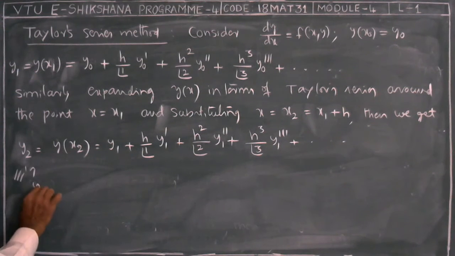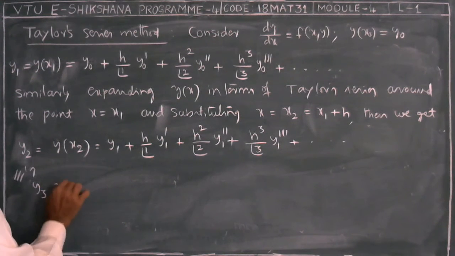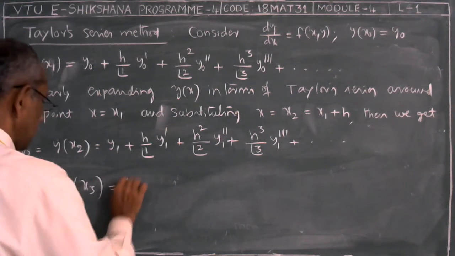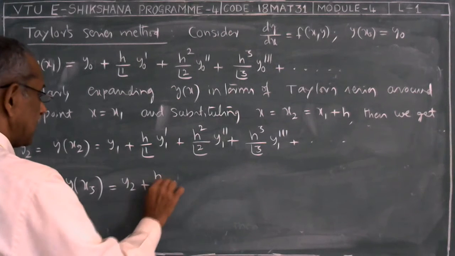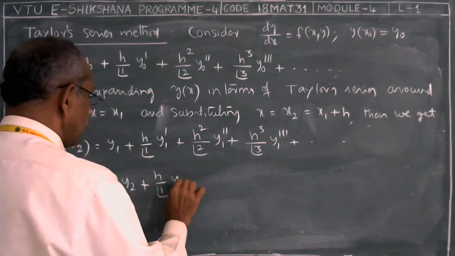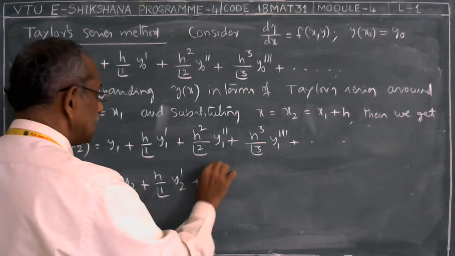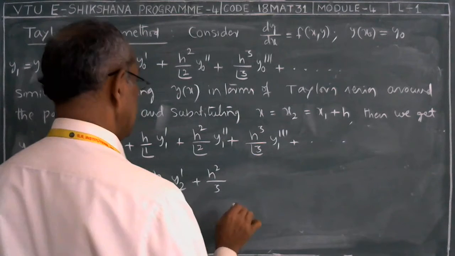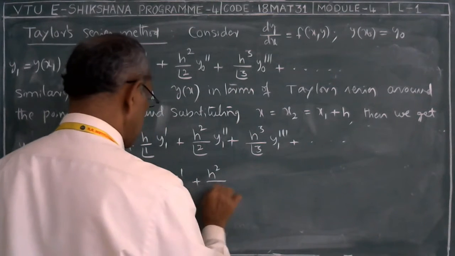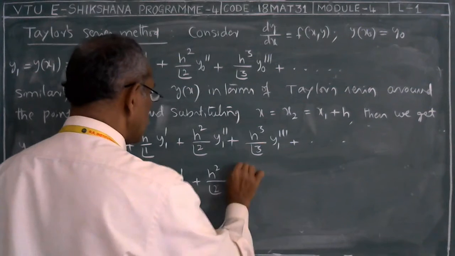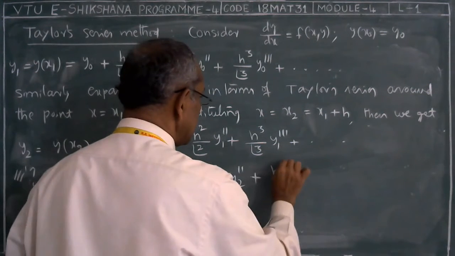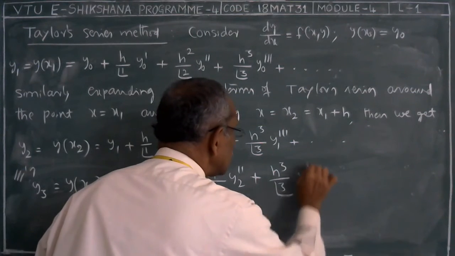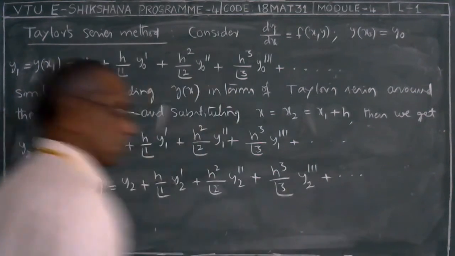Similarly, y3 is equal to y at x is equal to x3, which is y2 plus h by factorial 1 y2 dash plus h square divided by factorial 2 into y2 double dash plus h cube divided by factorial 3 into y2 triple dash and so on.